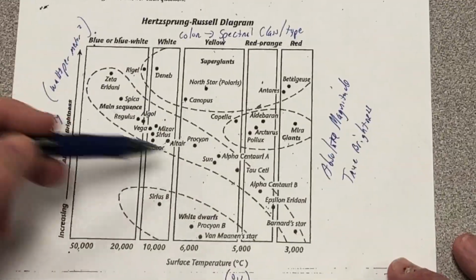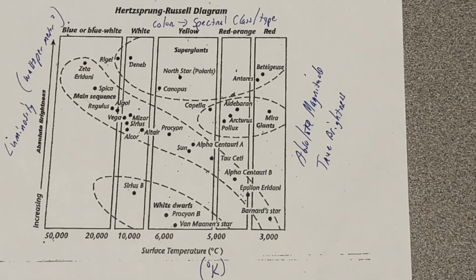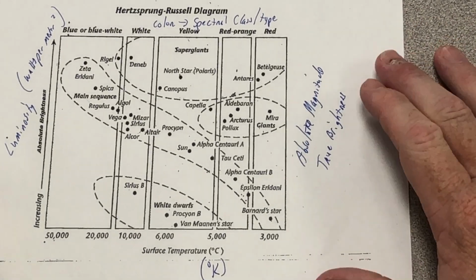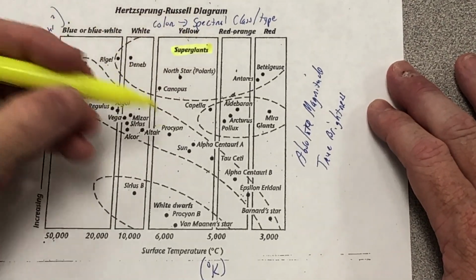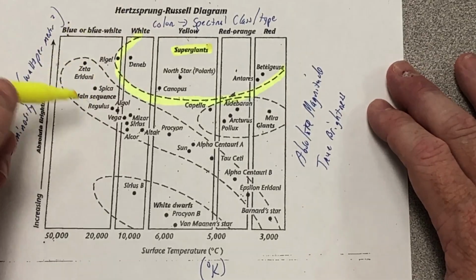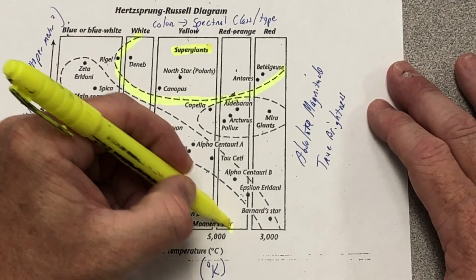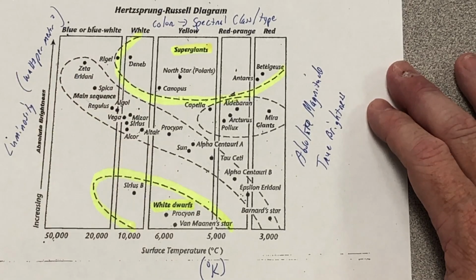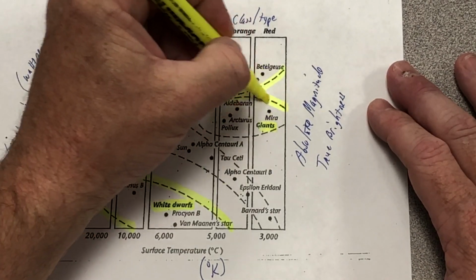As far as inside the diagram itself, there are some categorizations of the sizes of stars. You'll see supergiants, and again, those are categorized with this dotted line around that category. White dwarfs down here, categorized in that section. Giants right here.